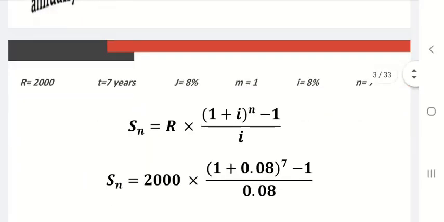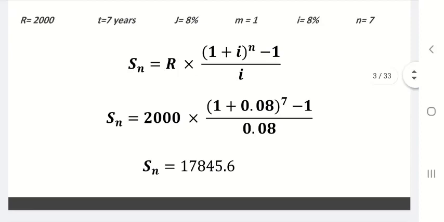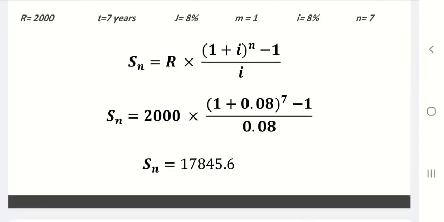By substituting for R equal 2000, T 7 years, J 8%, M equal 1, I equal 8%, and N equal 7, in the formula S sub N equal R times 1 plus I to power N minus 1 over I. So Sn will be equal 17,845.6.